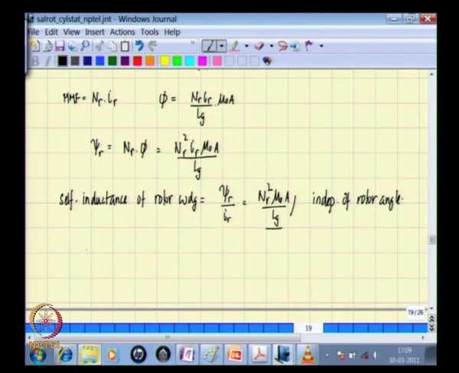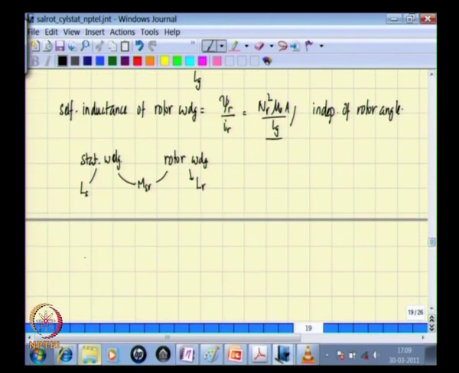So, we have now a stator winding, we have a rotor winding, we have determined the mutual inductance between these two, we have determined the self inductance of this, and we need to determine the self inductance of the stator winding in order to be able to write the full electrical system equations.